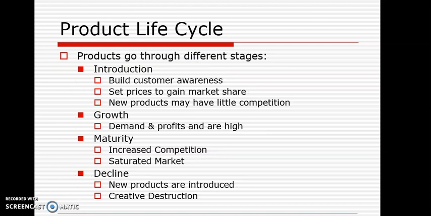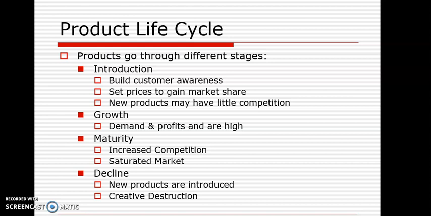We introduce something and we have to do a lot of marketing and advertising to build customer awareness. When a product becomes popular, it goes into what's called growth, the growth phase. And that's when there's high demand. Your best chance for making profit is when there's high demand, but not a lot of competition.